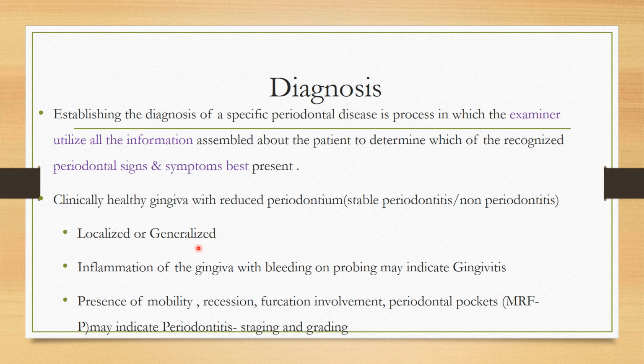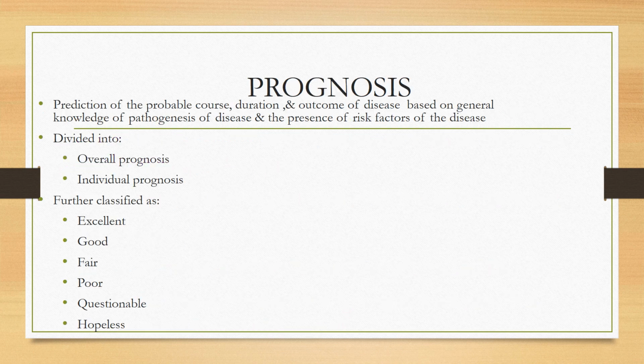So inflammation of the gingiva with bleeding on probing may indicate gingivitis. Then coming to periodontitis, we will assess all the pocket depths, furcation involvement, recession, and we will come to the diagnosis of periodontitis, whether it's localized or generalized. Then we have to go for staging and grading according to the staging and grading criteria. As we have already covered the classification, I am not repeating the same thing.